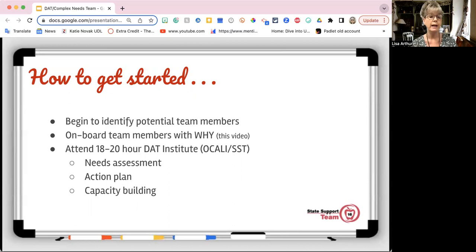You're going to have an action plan by the end of these 18 to 20 hours. It's going to be a 3 to 5 year action plan. Also, we're going to be building the capacity of this team itself to be able to provide consultation for other members within the district when it comes to working with these high support needs students.